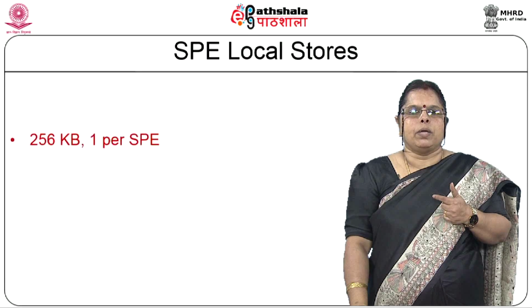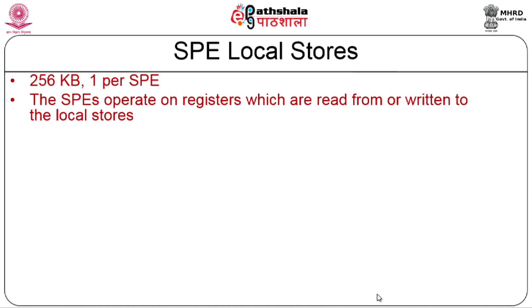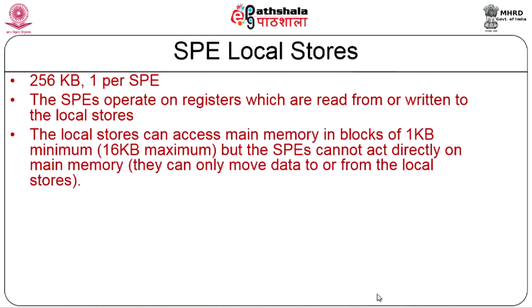If you look at the SPE local stores, it is a 256 kilobyte local store, 1 per synergistic processing element. The SPEs operate on registers which are read from or written to the local stores. The local store can access main memory in blocks of 1 KB minimum and 16 KB maximum, but the SPEs cannot act directly on main memory.